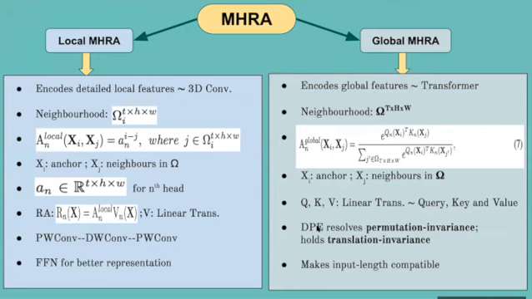Because of dynamic position encoding, it resolves permutation invariance, and it holds translation invariance. I have explained this in the previous slides. One benefit through DPE is that it makes the test video length more flexible. It's not very rigid, depending upon what the input video length was.